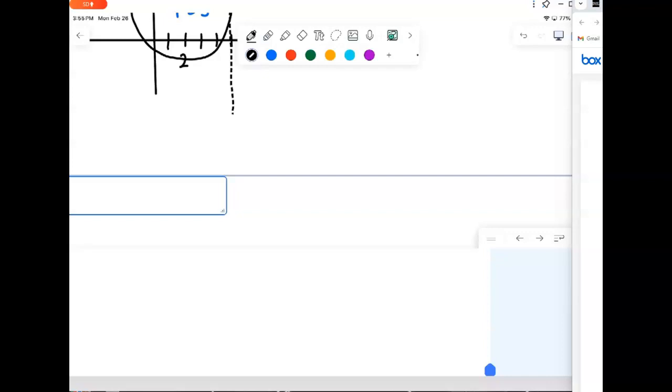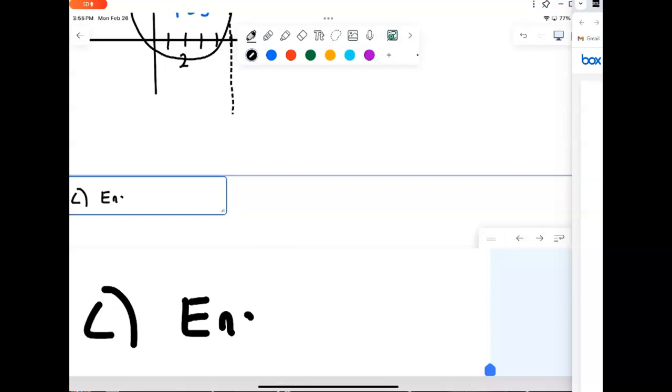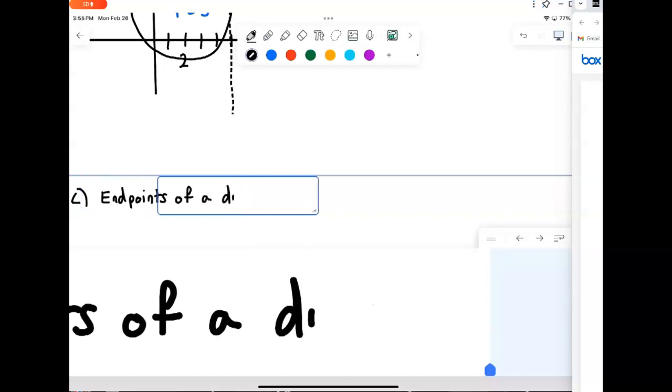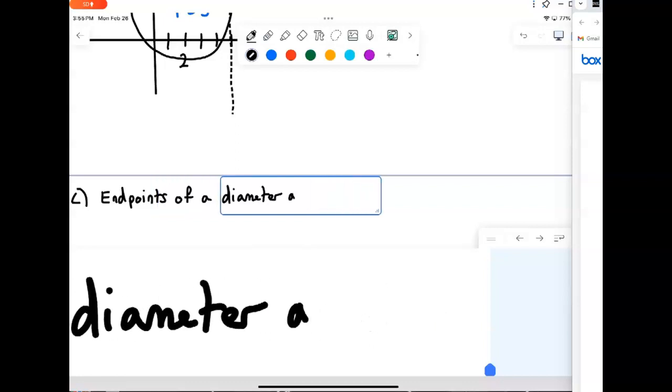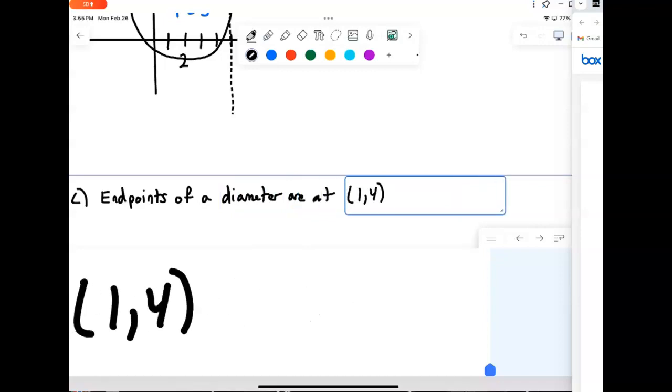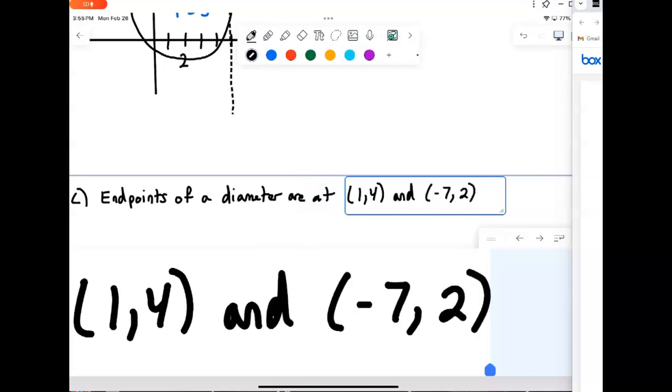All right, let's consider one more example here with writing these equations of circles. And so in this problem, we're told that the endpoints of a diameter are at, let's say, 1, 4 and -7, 2.